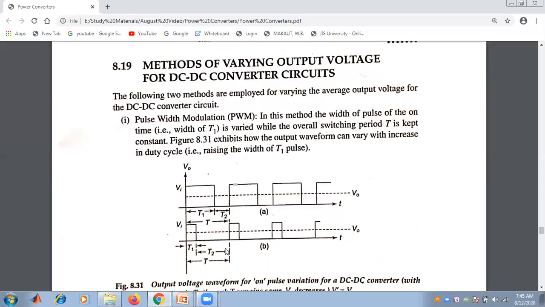As the name suggests, in this method the width of the particular pulse is varied. That means the width of the on time pulse, that is the width of T1, is varied while the overall switching period T is kept constant.